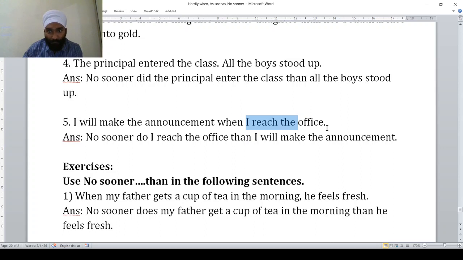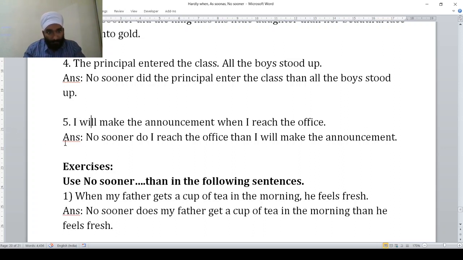When I reach the office, this subordinating clause is in simple present tense and the main clause is in simple future tense. Will is used here. So which is the first action here that we have to locate? I will make the announcement when I reach the office means the announcement will be made after my reaching the office. So first I am reaching the office, thereafter I am making the announcement.